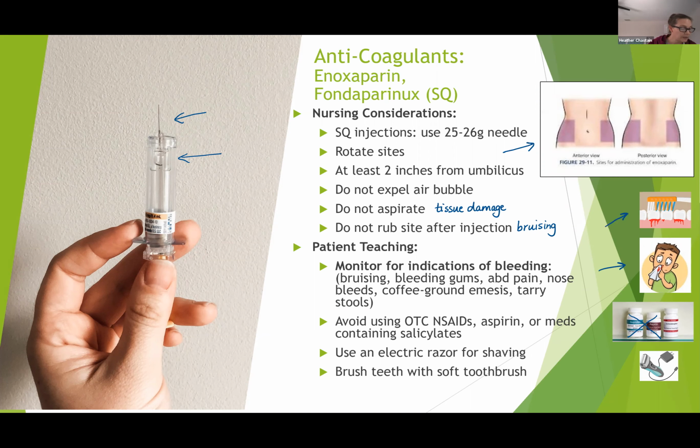We want to use acetaminophen instead for any pain or fever, because these will increase your risk of bleeding. You want to use an electric razor for shaving and brush teeth with a soft toothbrush. That will decrease your chance of bleeding. Just like with heparin, okay? Same kind of stuff. So you're going to see this frequently.